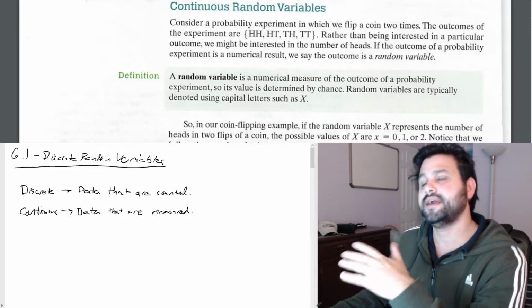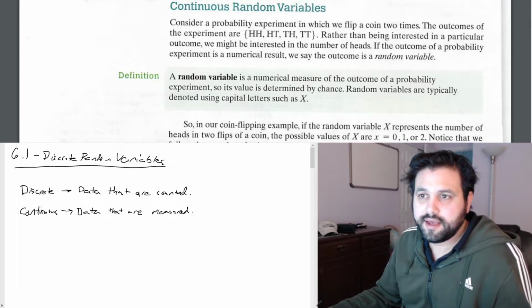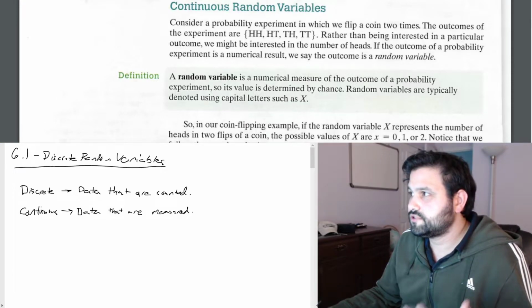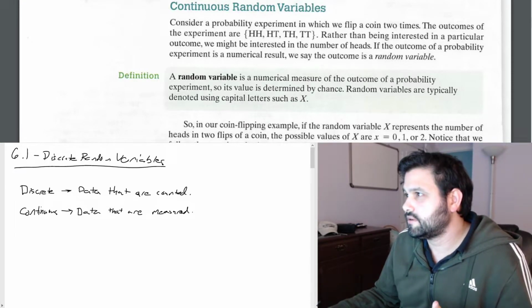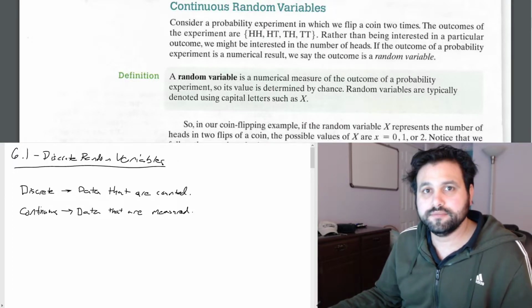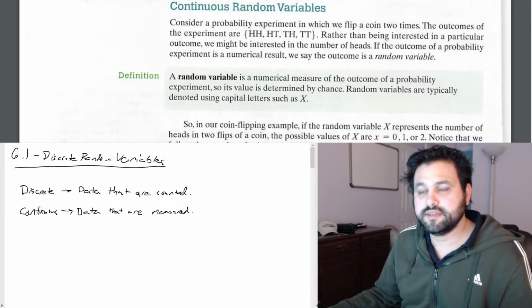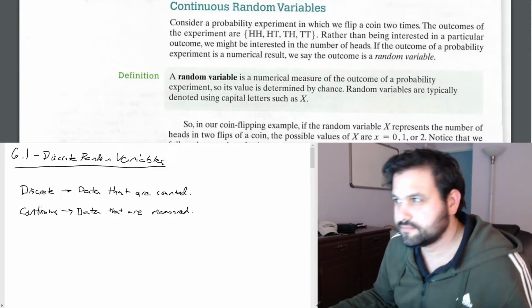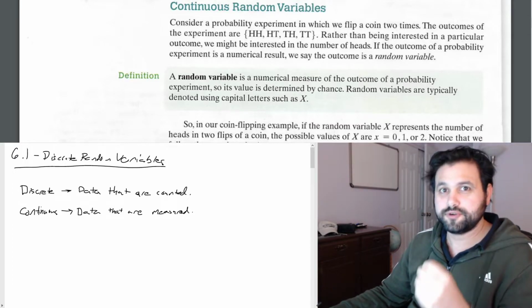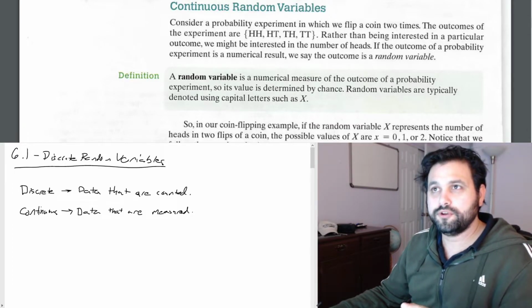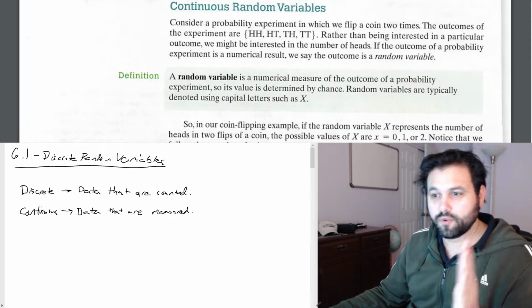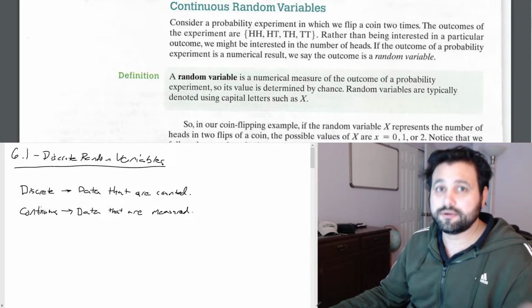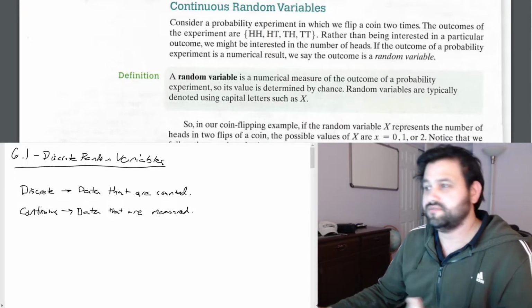So if we flip a coin 2 times, what are the possible outcomes if my variable is the number of heads? Well, you could have 0 heads, or one of those 2 times being heads, or 2 heads. So it's either 0, 1, or 2. And we're going to be counting that, and so that's why it's a discrete variable.